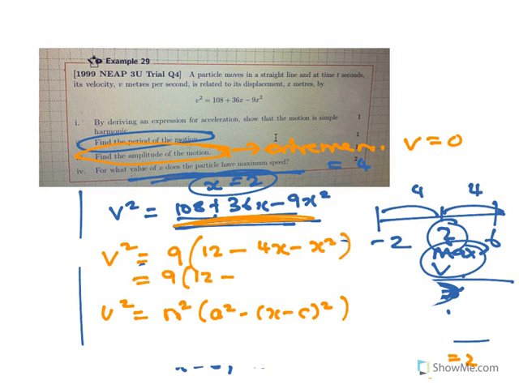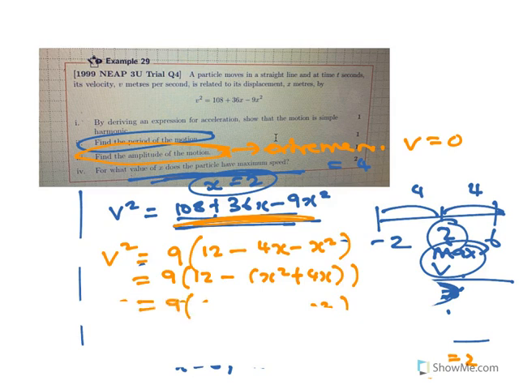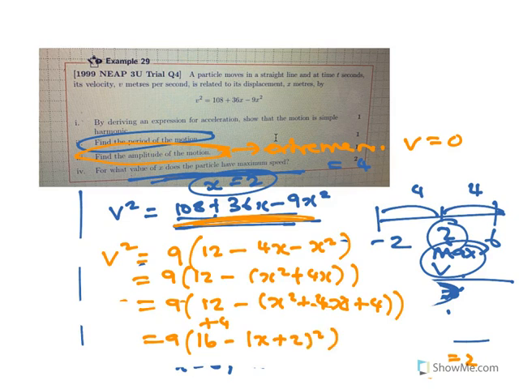Then looking at that, what you get is 9, halve it, square it, add it. So you add 4. So it's 9 times 16 minus x minus 2 squared. So looking at this here, n equals root 9, which is 3. A is equal to root 16, which is 4.